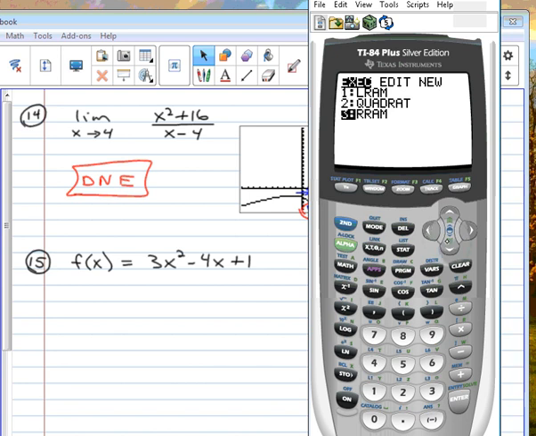Program right rectangular. A, it says from x equals 0, A is 0, to x equals 4, B is 4, with 10 approximating rectangles, N is 10.